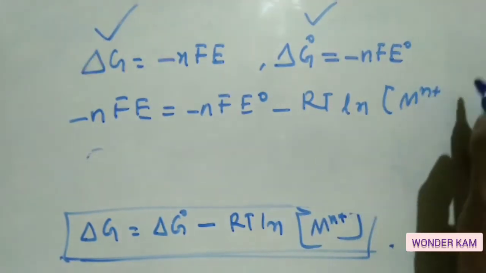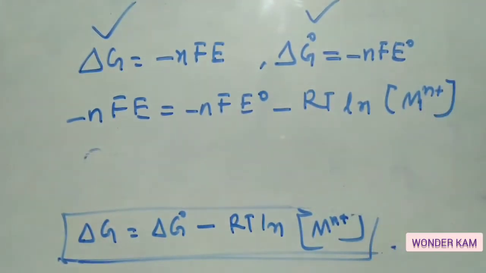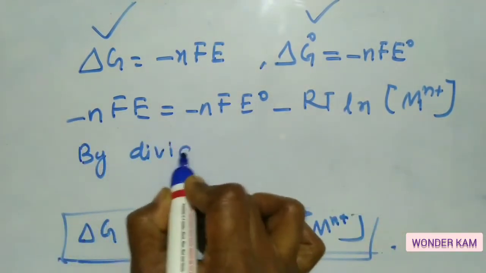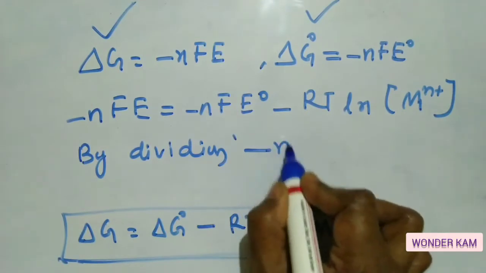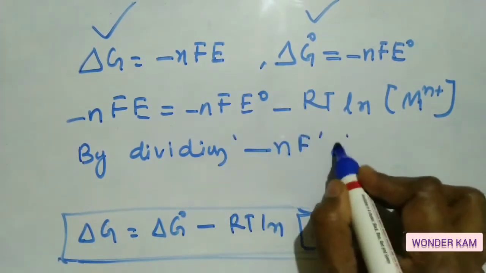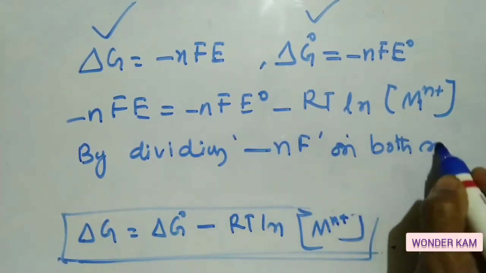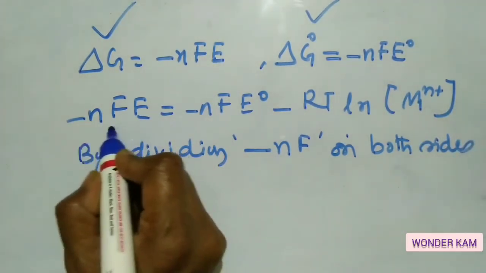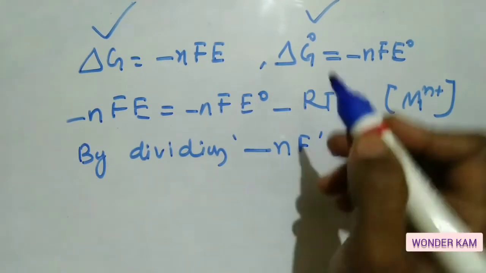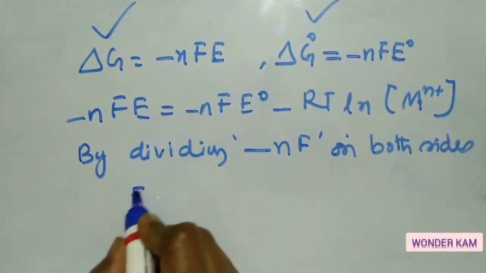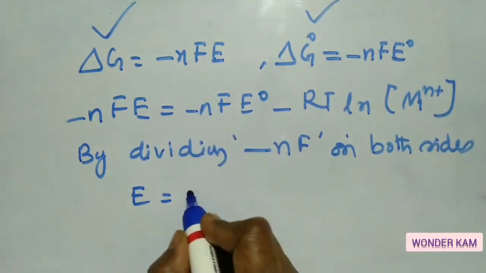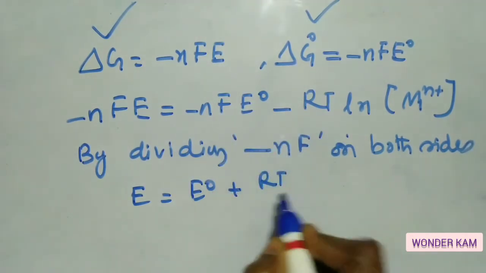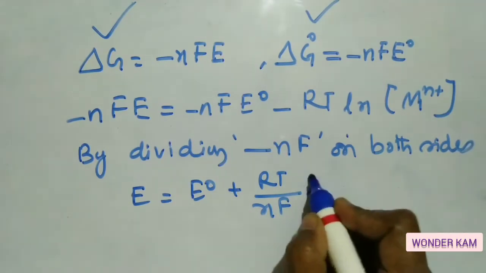Hope you have understood this up to here. Now dividing by −nF on both sides, so here −nF, here −nF, here −nF, what we will get is E = E° plus RT/nF ln [M^n+].